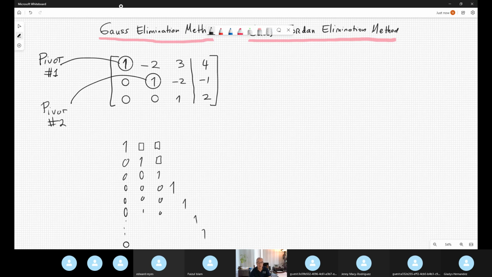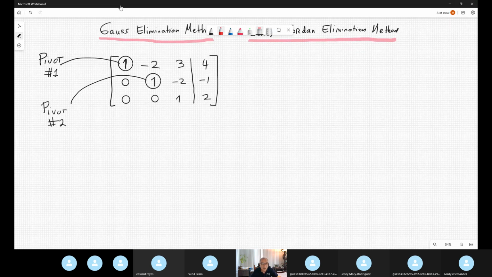And the new matrix obtained using this technique is called the echelon form. The reason it's called echelon is because it looks like stairs, like that.